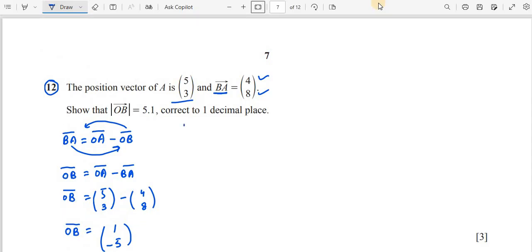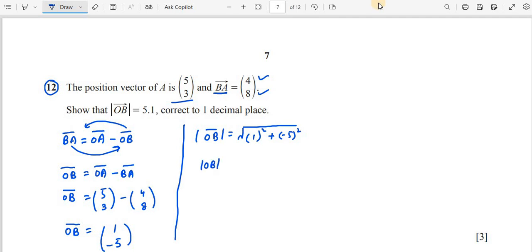To calculate the magnitude of OB, it is equal to square root of 1 squared plus minus 5 squared. OB is equal to square root of 1 squared, which is 1, plus minus 5 squared, which is 25.